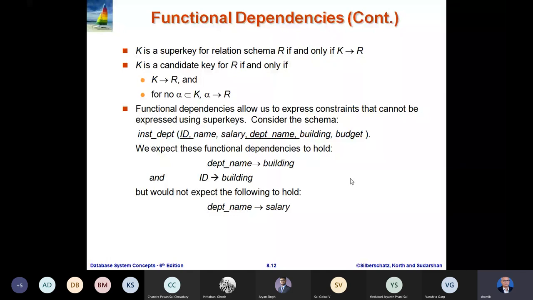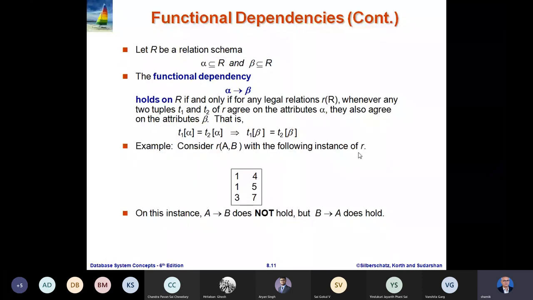Just to refresh our memory, we talked about this notion that this functional dependency we represent as alpha to beta, where alpha is a subset of R, where R is a relation schema, and beta also is a subset of R. And we say that alpha to beta, which we read as alpha functionally determines beta, or beta is functionally dependent on alpha.